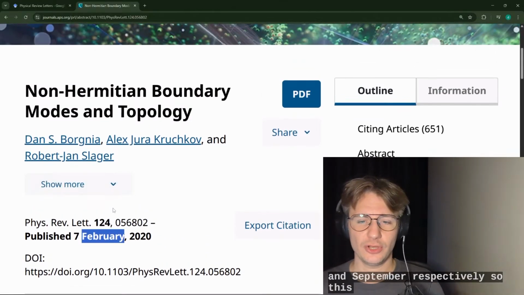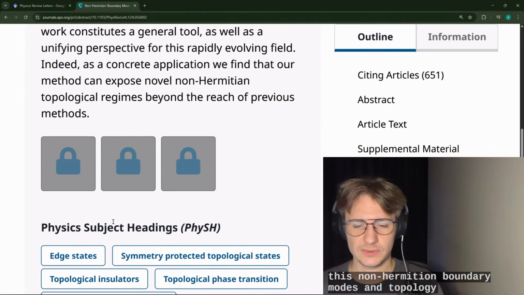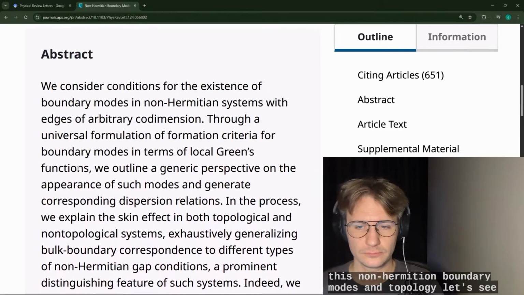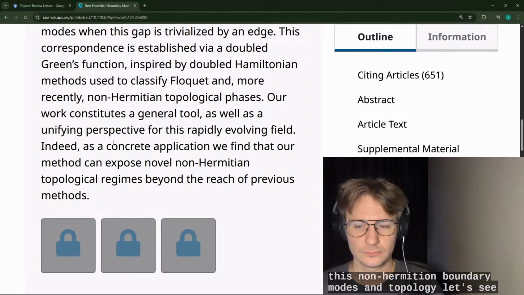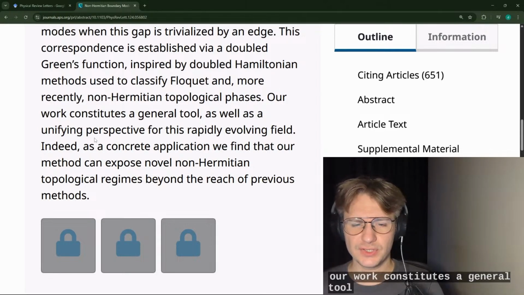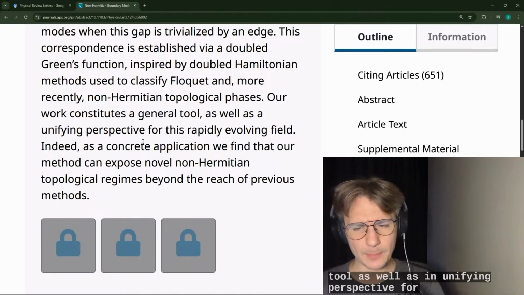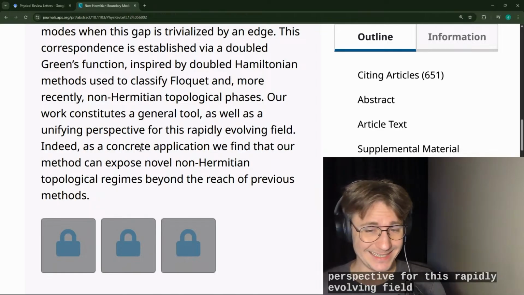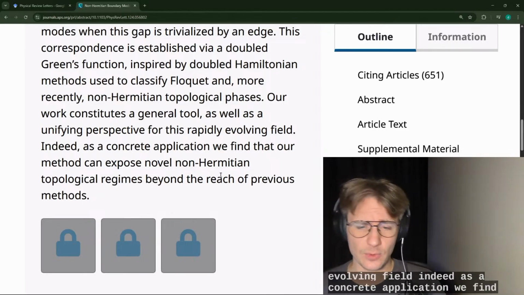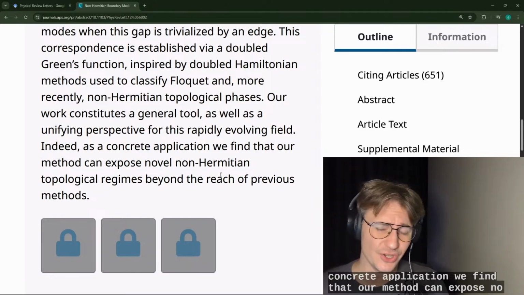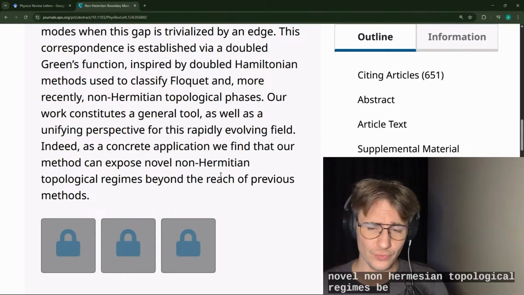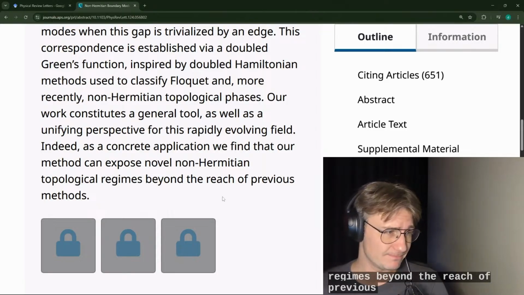So this non-Hermitian boundary modes and topology, let's see. Our work constitutes a general tool as well as a unifying perspective for this rapidly evolving field. Indeed, as a concrete application, we find that our method can expose novel non-Hermitian topological regimes beyond the reach of previous methods.